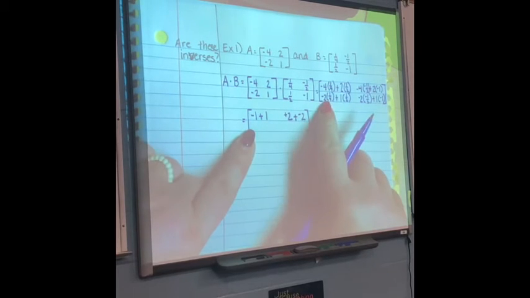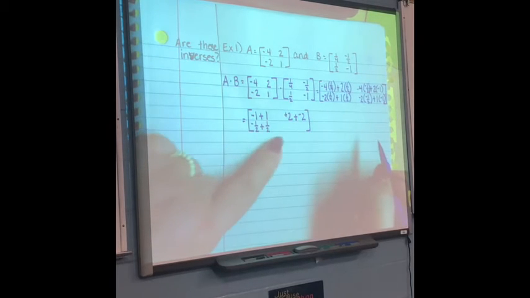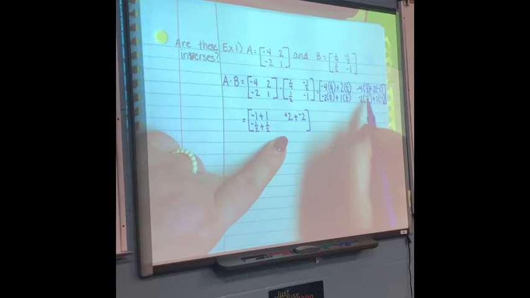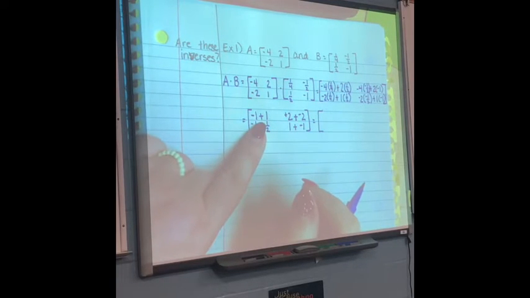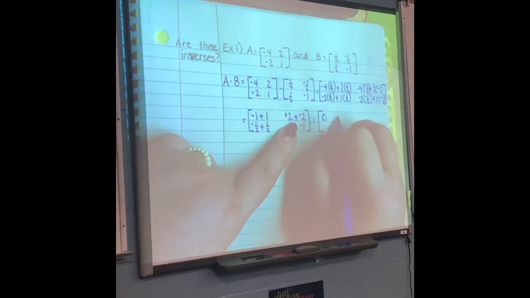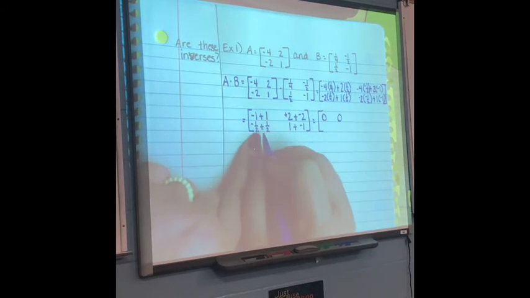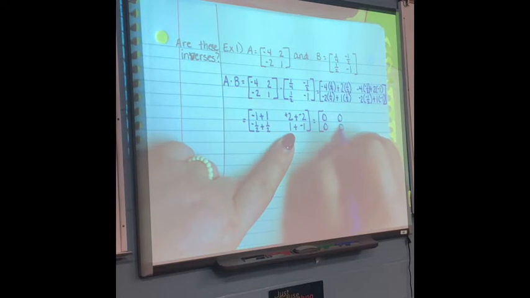Then I have negative 2 times 1/4, that's negative 1/2, plus 1 times 1/2, that's positive 1/2. And then negative 2 times negative 1/2 is positive 1, plus 1 times negative 1 is negative 1. So now one last simplification. Negative 1 and positive 1 make 0. 2 and negative 2 make 0. Negative 1/2 and 1/2 make 0. And 1 and negative 1 make 0.